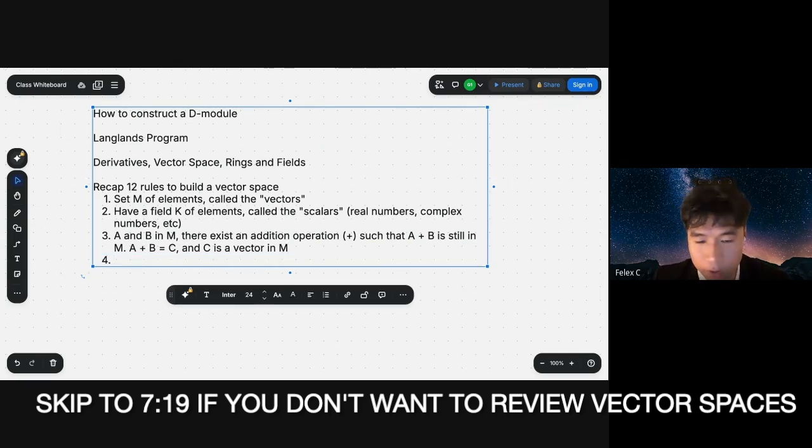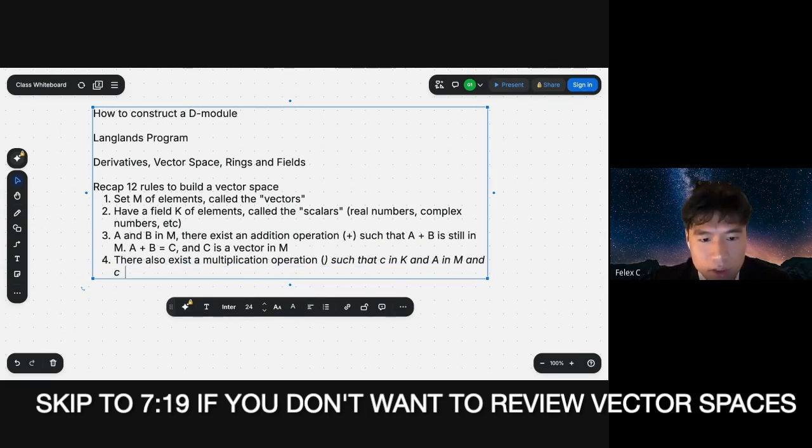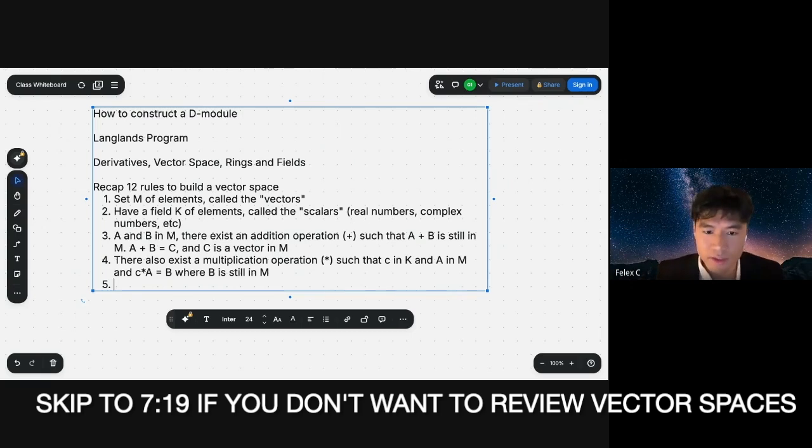There's also a multiplication operation, not between two vectors, but between a scalar and a vector. Use the star sign, such that C in K and A in M, C times A is equal to, let's say, B, where B is still in M. Still in the set.